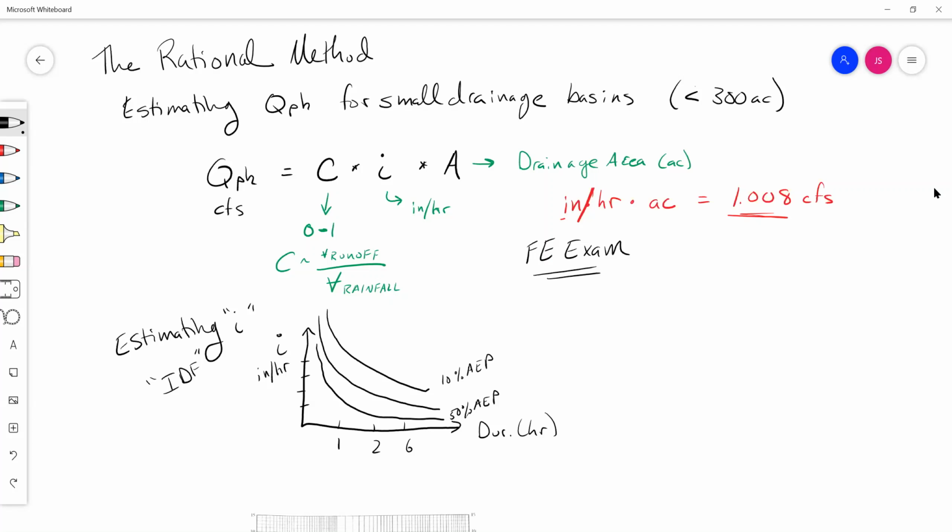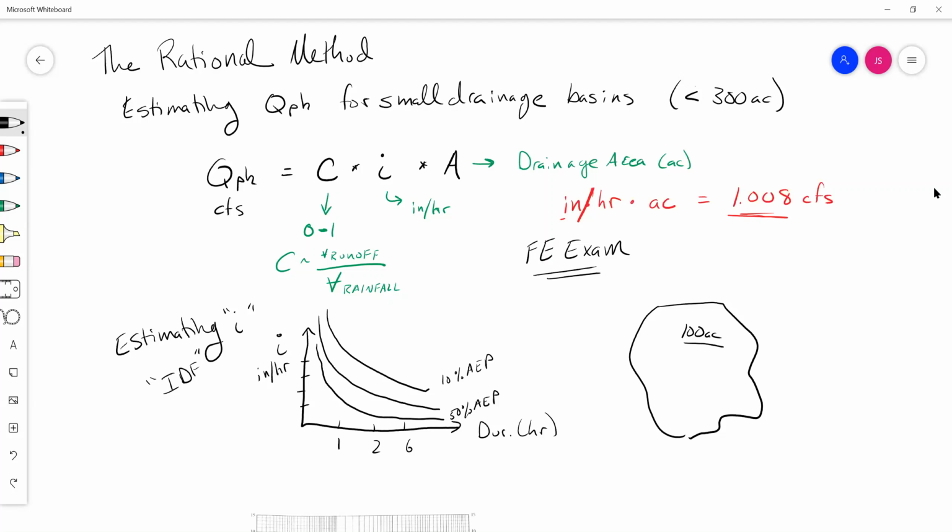Now, often the problems are set up, or if you just think about the design problem, you've got a watershed. Say we know it's some sort of urban setting and it's got parking lots in it and parks and whatever, and say it's 100 acres.